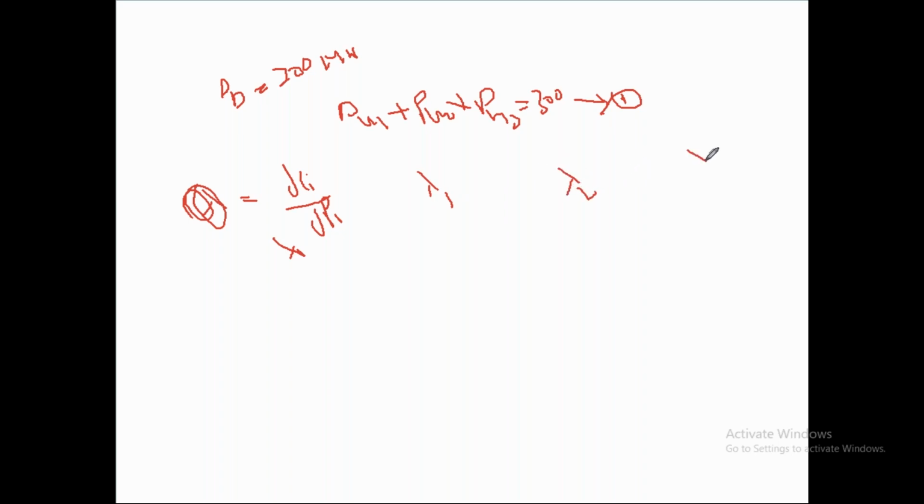Equation 1 represents lambda 1, equation 2 represents lambda 2 and equation 3 represents lambda 3. For economical scheduling, we have to equate all the incremental costs, that is lambda 1, lambda 2, lambda 3. We already did this in the last class.